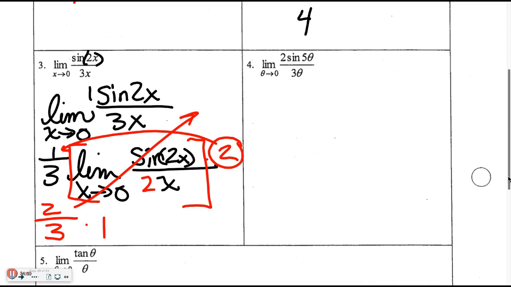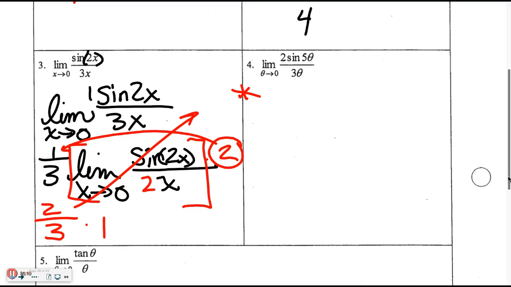I want you to try this one in a similar fashion. All right? And those of you at home, pause the video and go try this one. Get what you don't want out front. Create what you want.